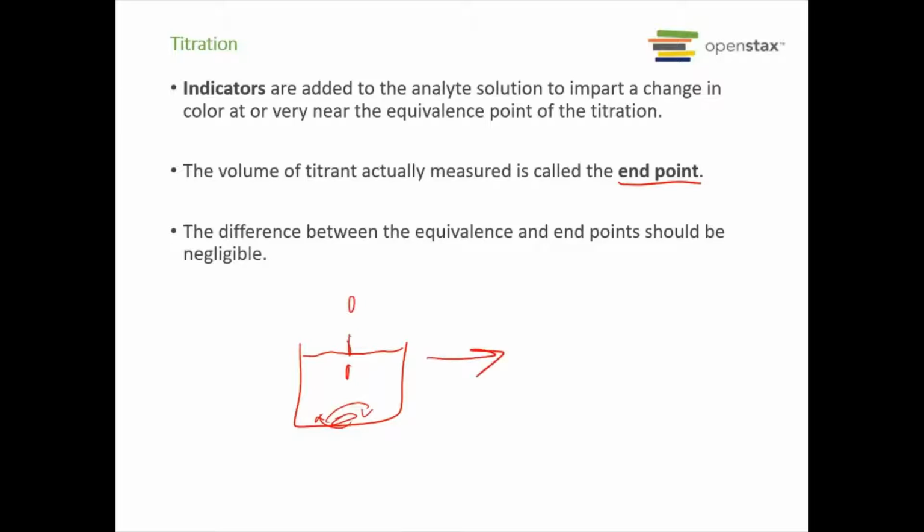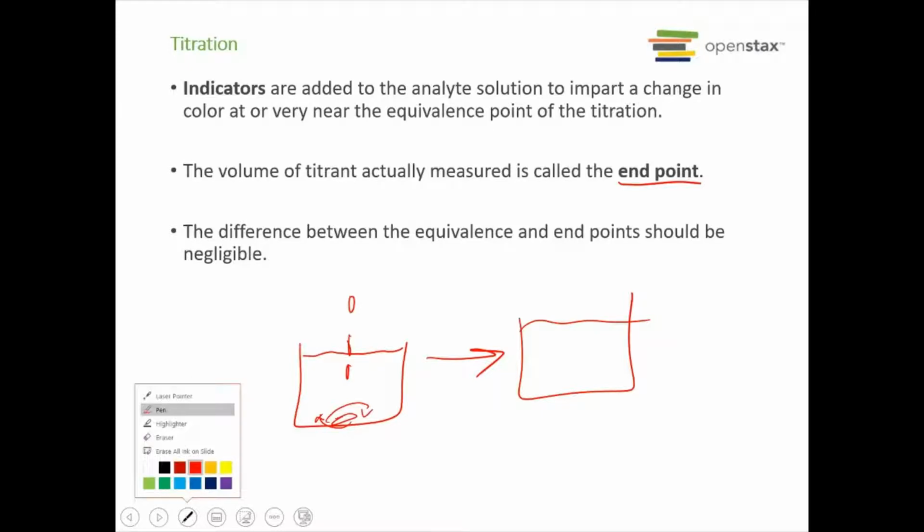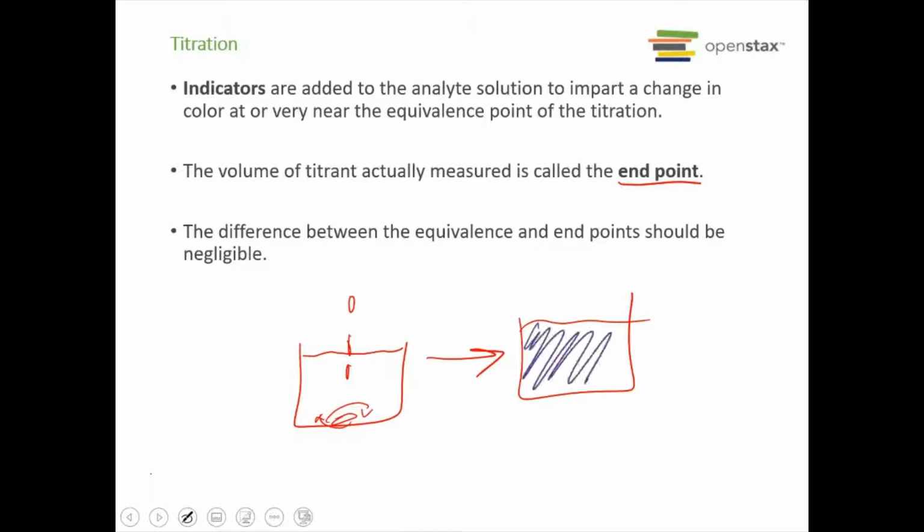And then you reach your endpoint, and what happens is you would notice that your solution all of a sudden, for instance, turned purple. Then you stop your titrant and you record the volume because you've now reached your endpoint. And don't worry, we're going to look at some examples, and I believe there's a picture or two.